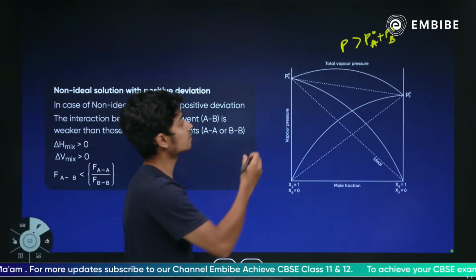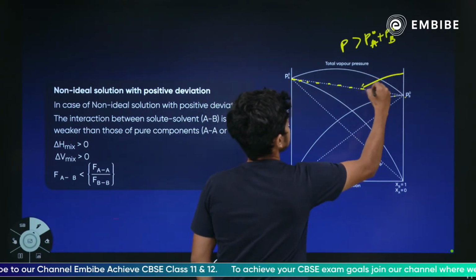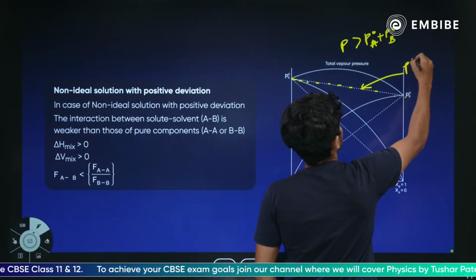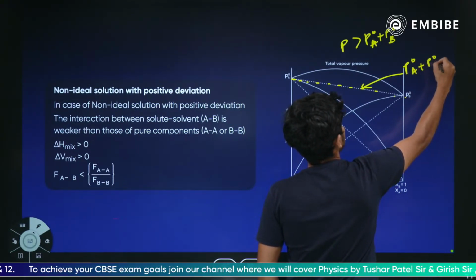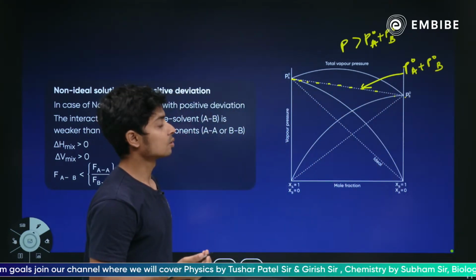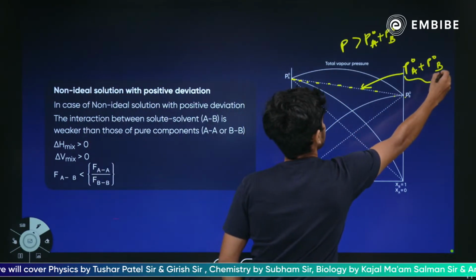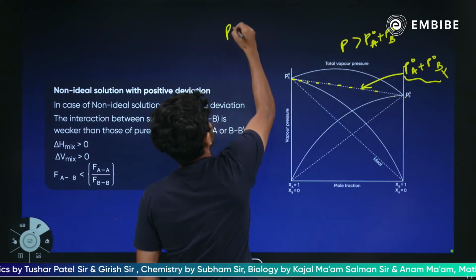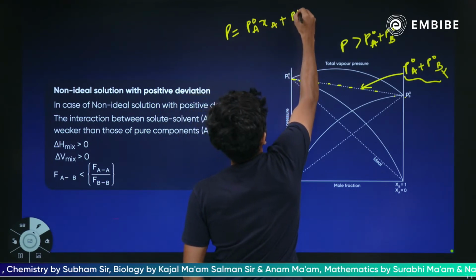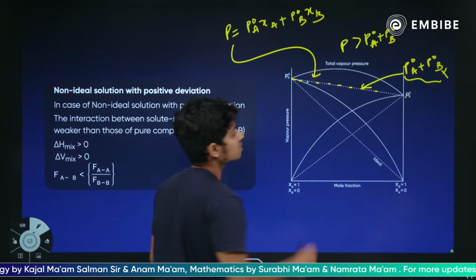That is why your curve goes up like this. This curve represents your P naught A plus P naught B values. If it was following Raoult's law, following the equation P equal to P naught A chi A plus P naught B chi B, this line would be followed.